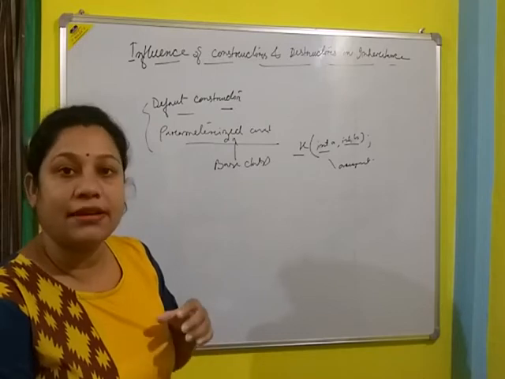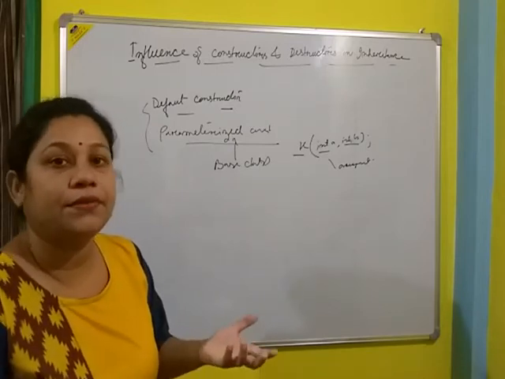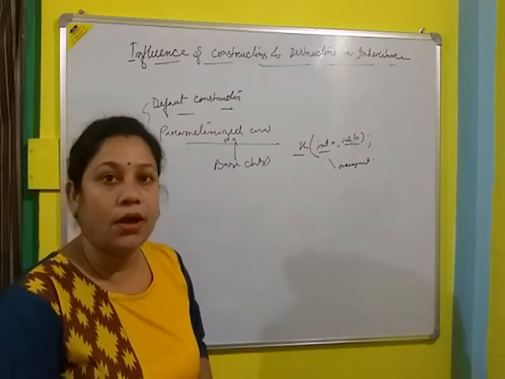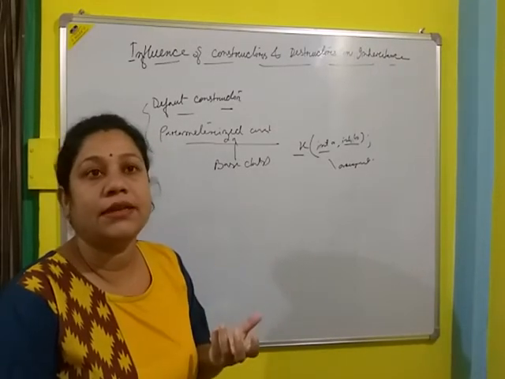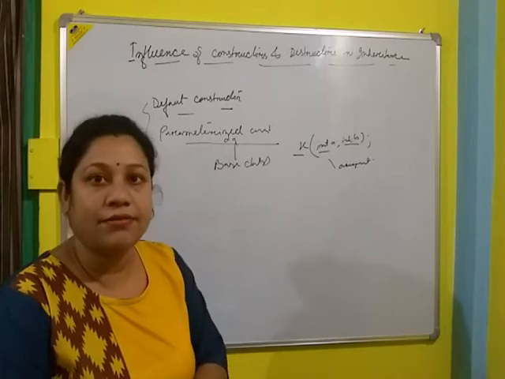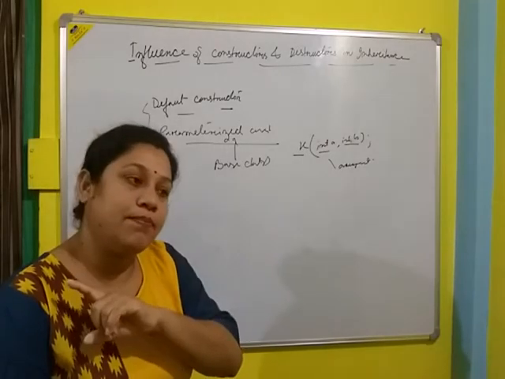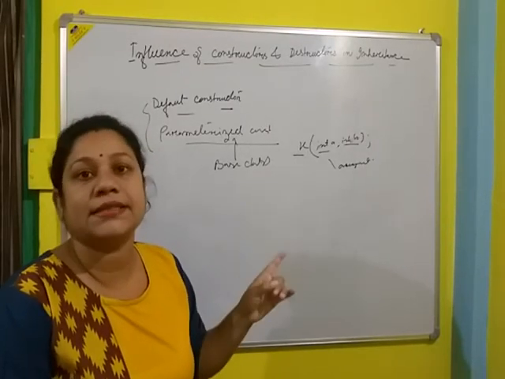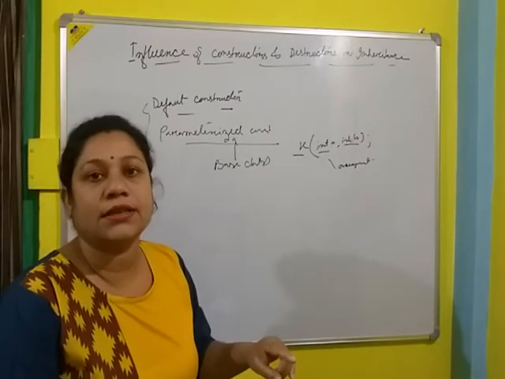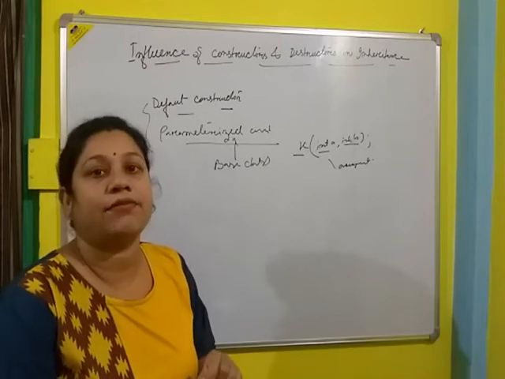So if you have a destructor inside the body of the base class, then at the time of the declaration of the object of the derived class, the object will execute the destructor of the base class first, then it will execute the destructor of the derived class.